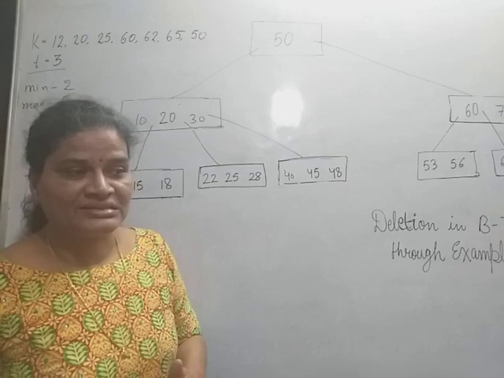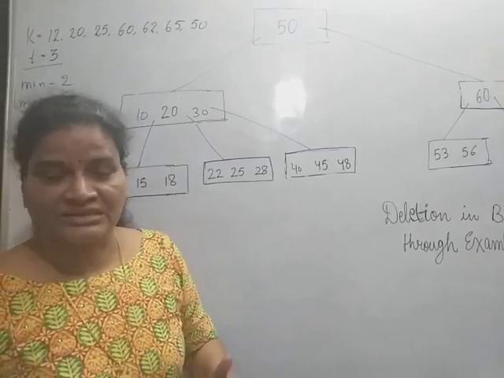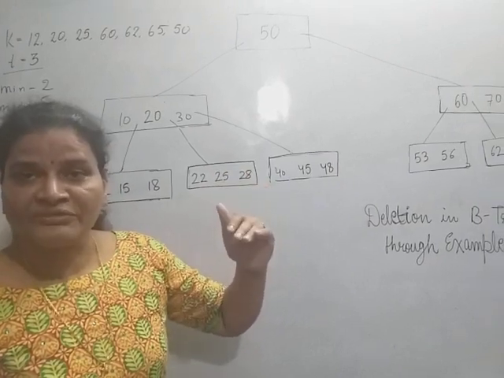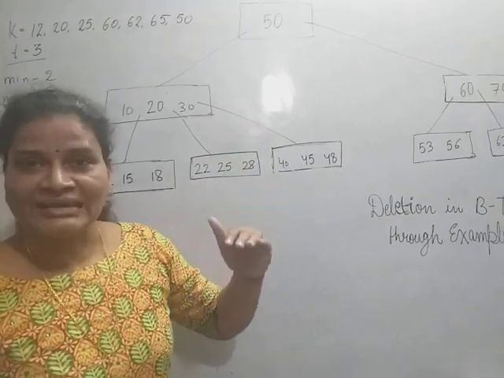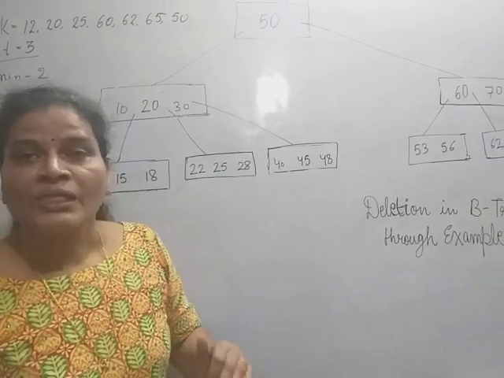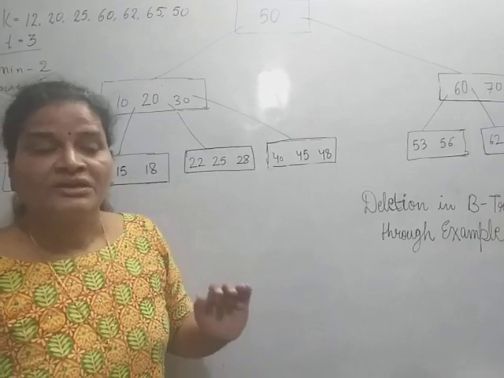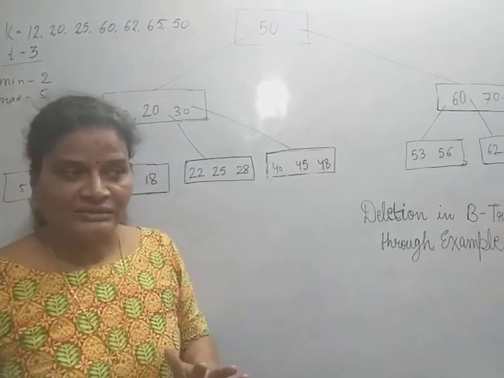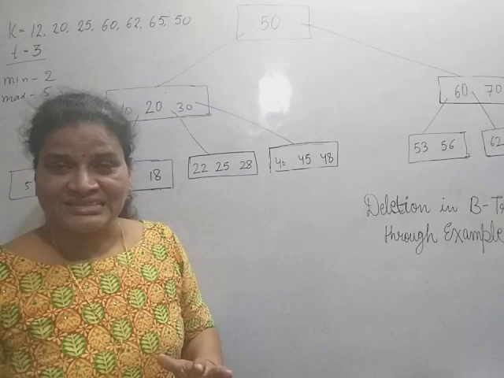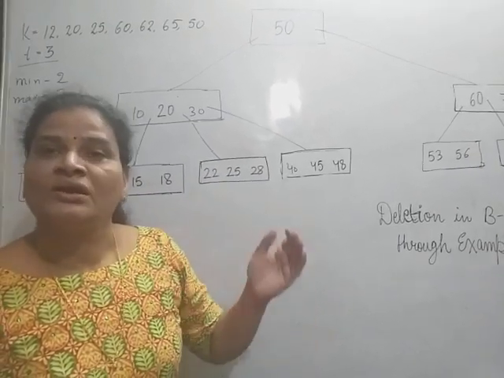There is a difference between insertion and deletion. In the case of insertion, for every insertion we start from the root, and if the root is full, we first have to split the root. Here the root may contain one key. The number of keys in every node is t, but this is not applied to the root.